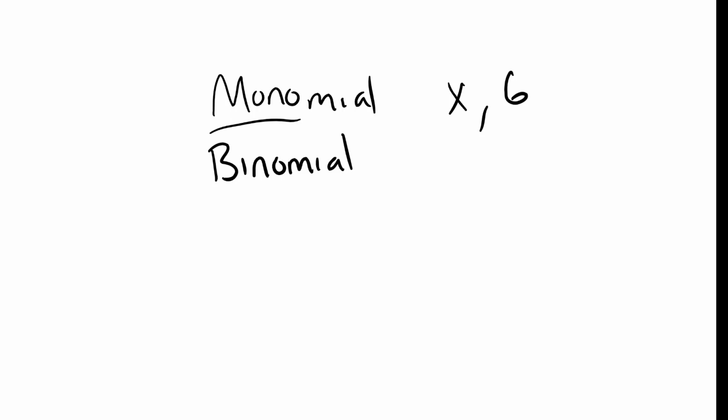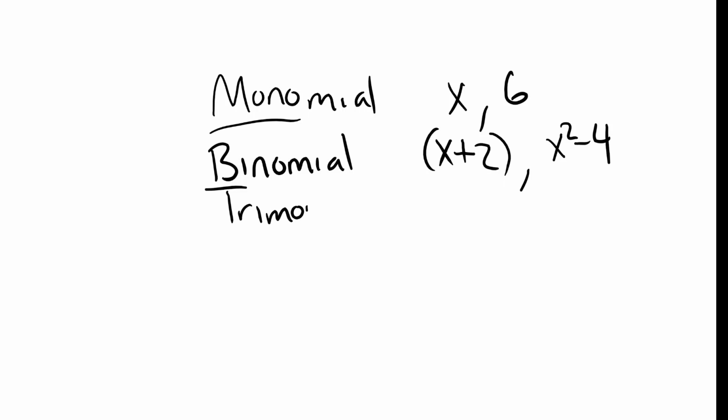So a binomial is like x plus 2 or x squared minus 4. Those are binomials. A trinomial has 3 terms. Tri means 3. And so we have x squared plus 4x plus 4. That would be a trinomial.